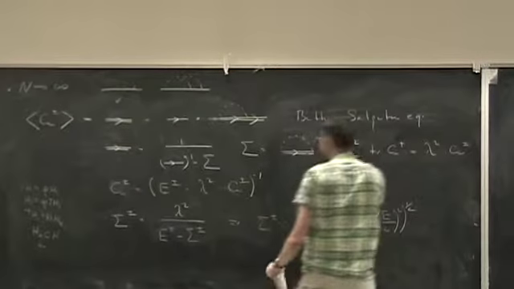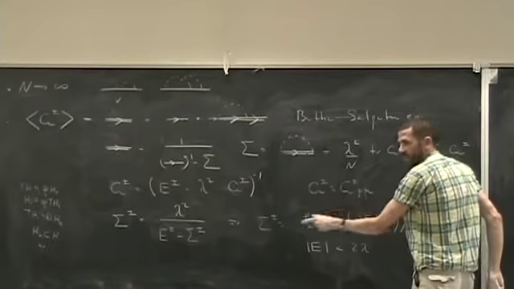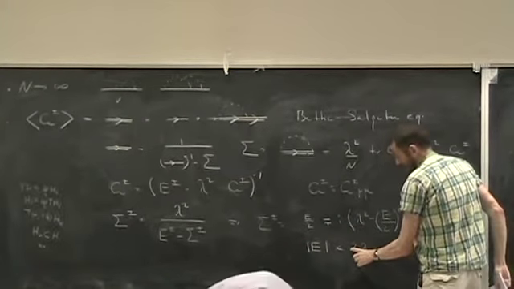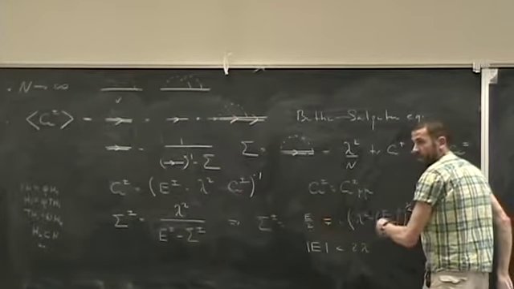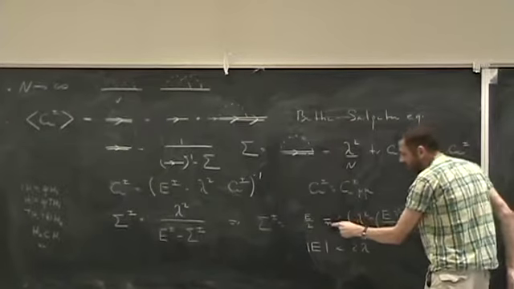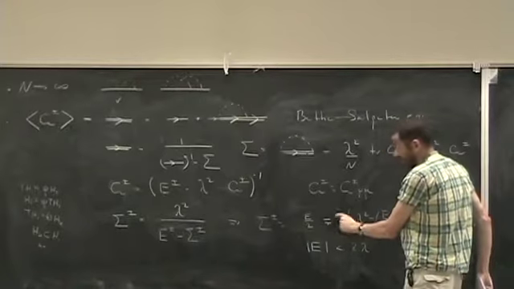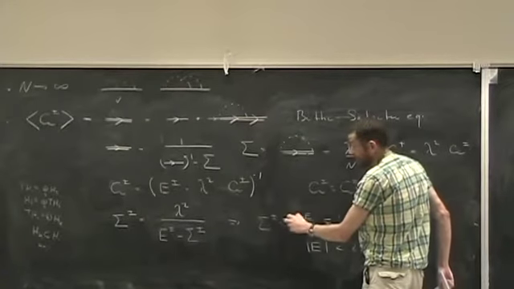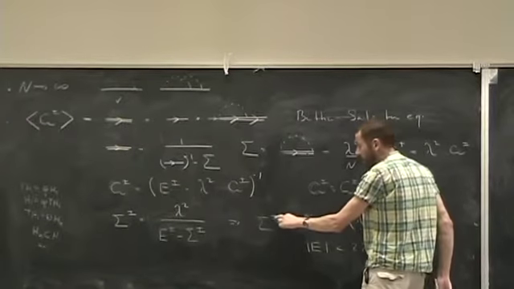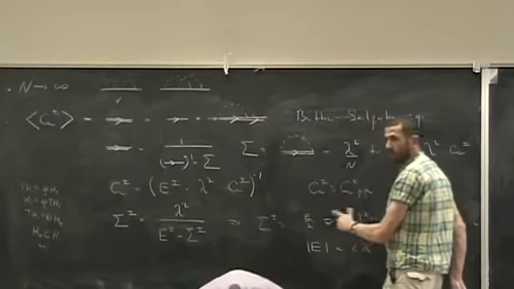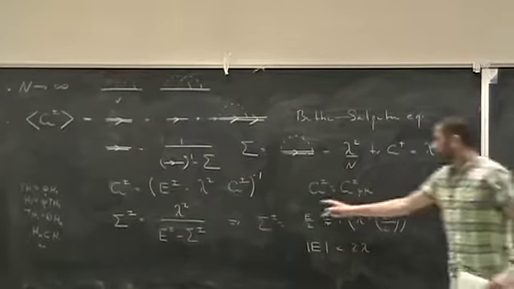So if our energy is in the band, remember yesterday we had this notion of the semicircle, and if the modulus of our energy is smaller than 2 lambda, then the solution of this quadratic equation is given by this, with this square root sitting around. Notice this minus plus here. That's important, because the sign of this imaginary part is dictated by the infinitesimal offset of the energy. So depending on whether we are advanced or retarded, we get different imaginary parts. You have seen that in other contexts before, right? So that's what we get.